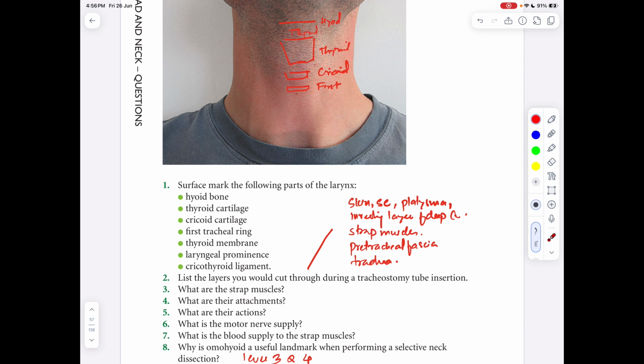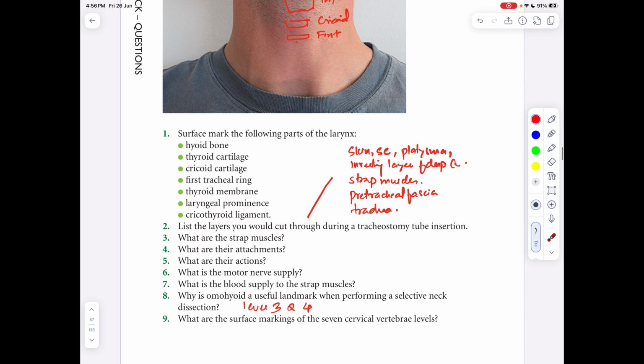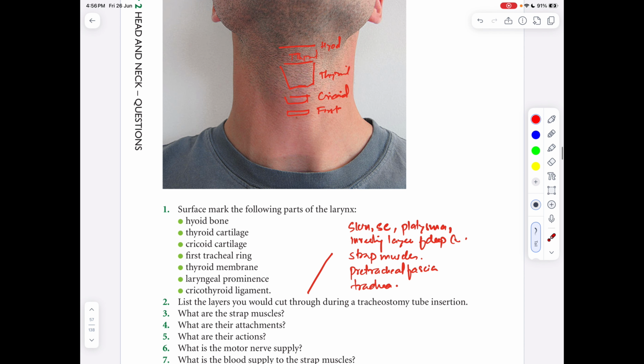Generally the strap muscles are infrahyoid: thyrohyoid, omohyoid, sternothyroid, sternohyoid. So their attachments are: hyoid above, thyroid between, and sternum down. Sternothyroid, thyroid, and sternohyoid is above.